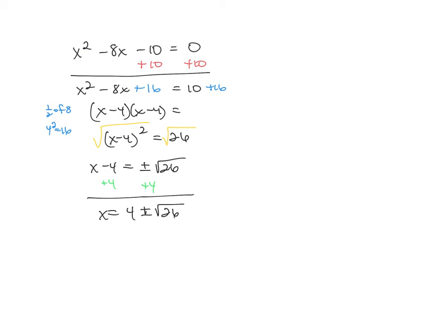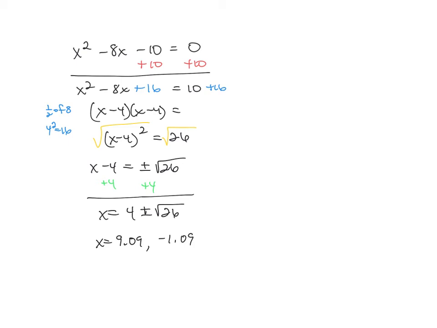You're going to type that in. 4 plus square root 26, and I get 9.09, and I'm going to do 4 minus square root 26, and I get negative 1.09.